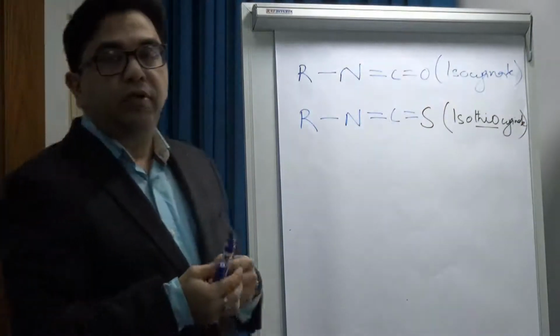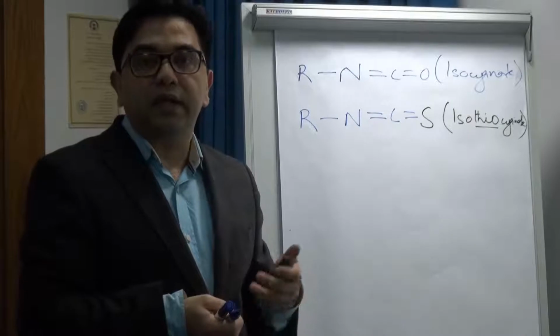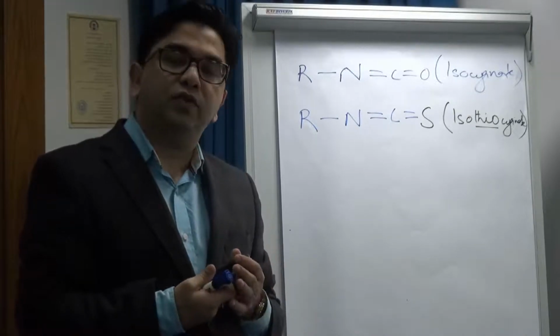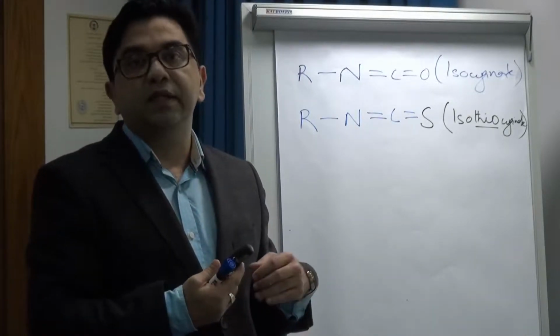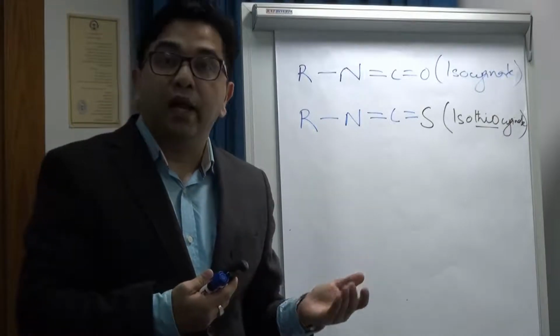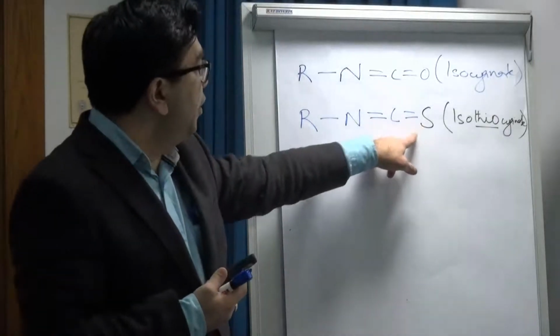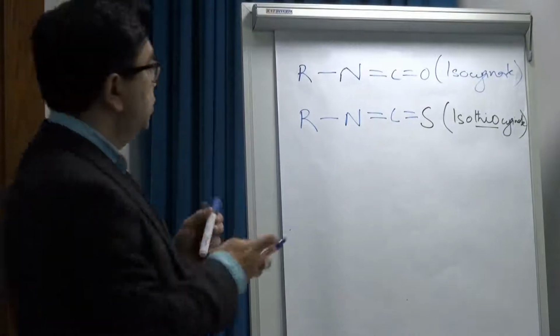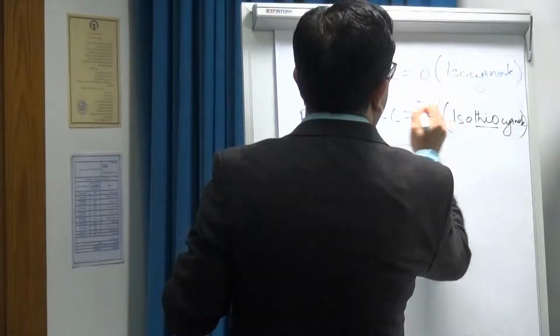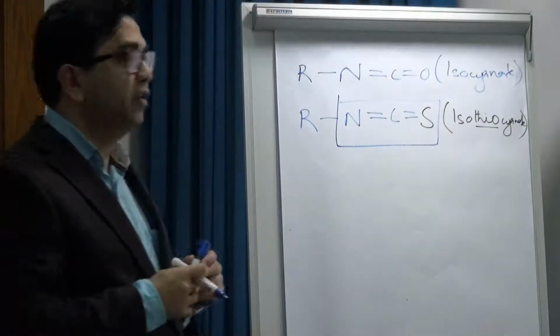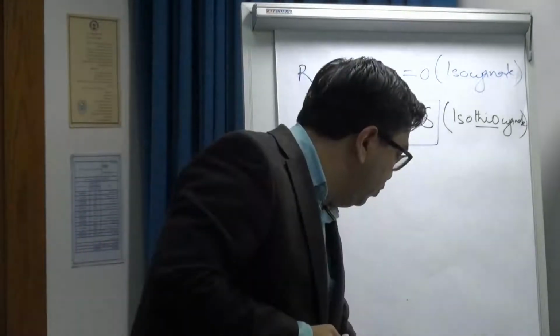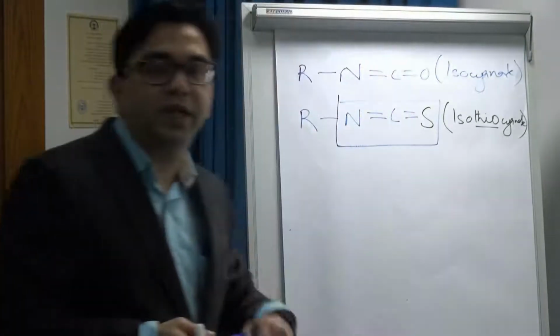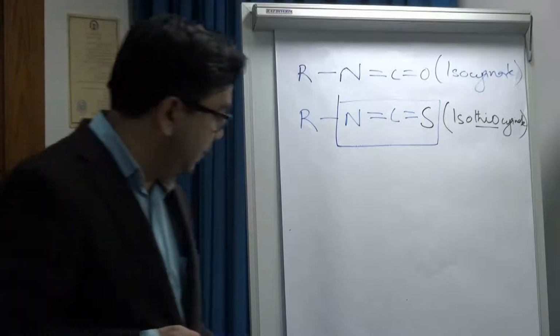So when we talk about isothiocyanate glycoside, that means these are the glycosides which contain a glycon part having this thiocyanate functional group. So thiocyanate containing functional groups in glycon are known as thiocyanates, and when it is attached with a sugar molecule, they are known as isothiocyanate glycosides.